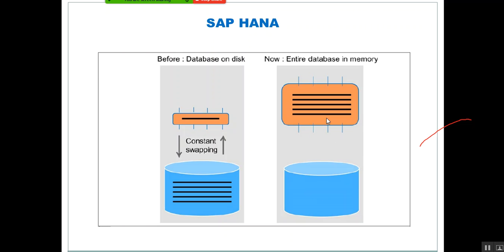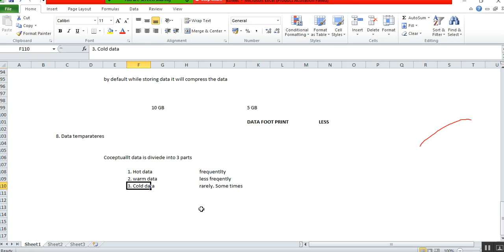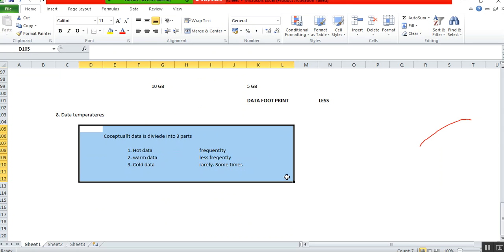That means most of the time, whenever you are accessing the data, it is stored in the cache memory itself. So conceptually, the hot data and warm data are stored in the cache memory, and cold data will be stored on the disk, the main memory. Okay, this is an additional reason why your performance is good in the HANA database server.